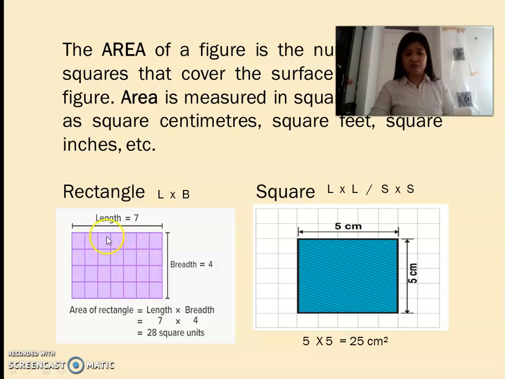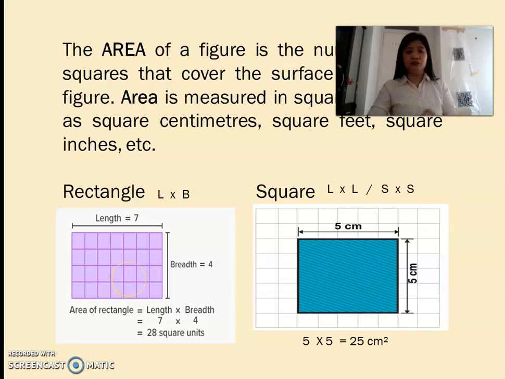That means the inside, all the squares inside of the figure. Area is measured in square units such as square centimeter, square meter, square inches, square feet, etc.